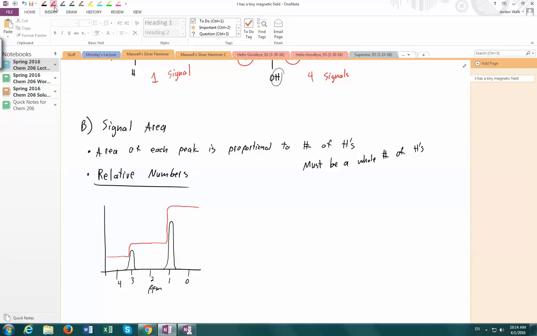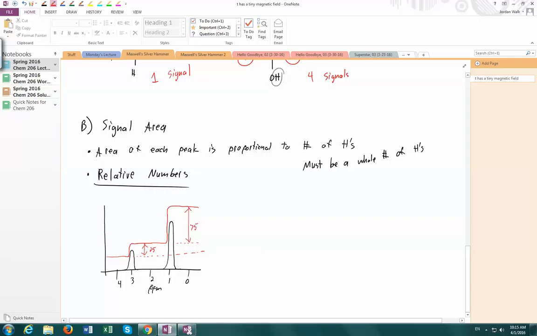Let's say that this is our baseline for our integration. We see that we get some number, say 25. That tells us this first peak has a 25. That's just its integration. And so we go on over. Here's our new baseline, and then we integrate here, and we see that that gets an area of 75.